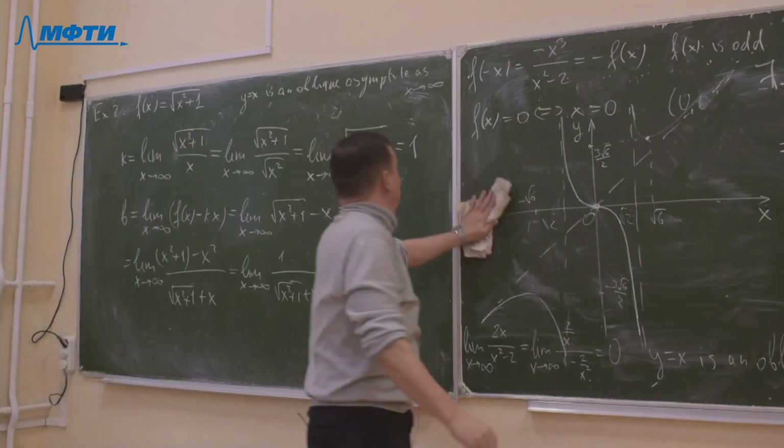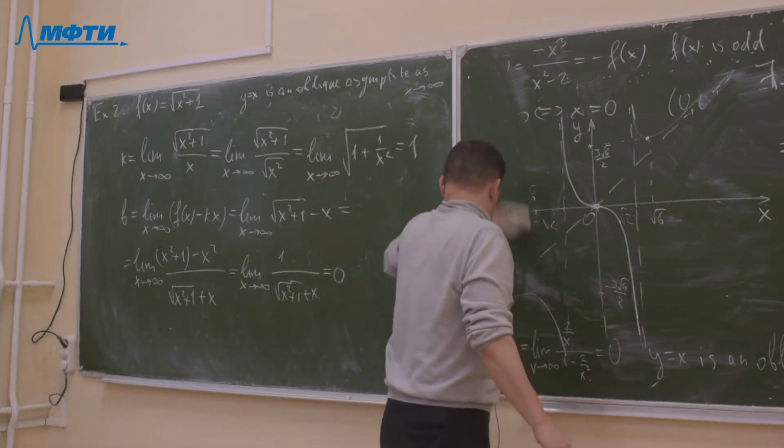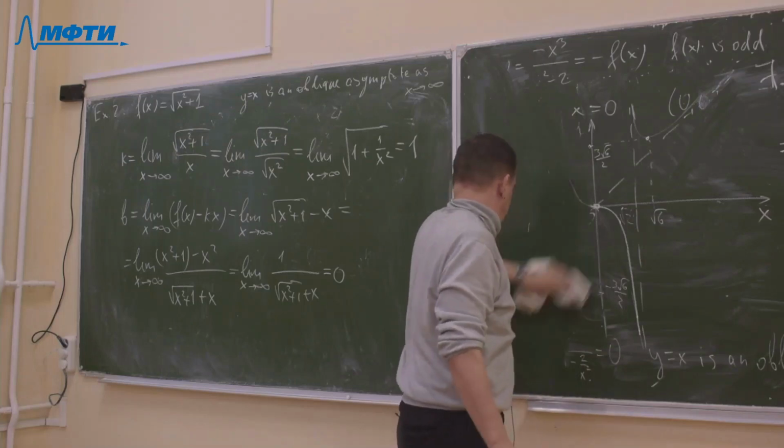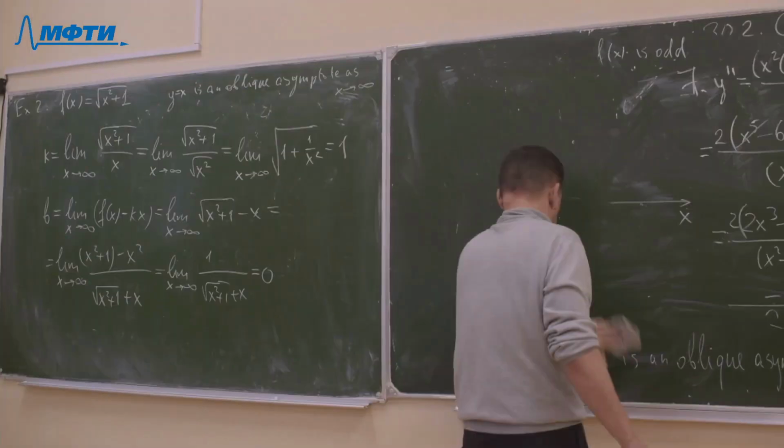What happens for x tends to minus infinity? Of course, we can refer to symmetry. Look, the function is even, right? What we know: we know the graph approaches y equals x, right, as x tends to plus infinity.